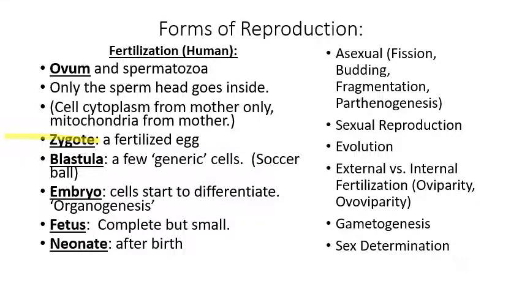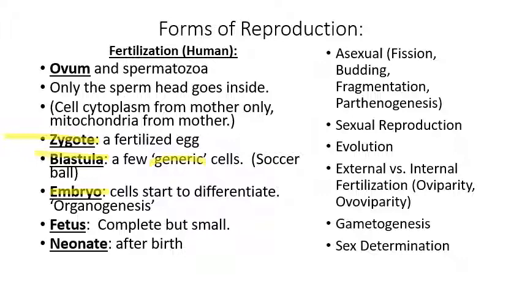The first few times that cell divides, the cells will be identical, and so they're kind of generic cells, you know, a general unspecialized type of cell that looks kind of like a soccer ball, and that is called a blastula. The blastula eventually turns into an embryo, and within an embryo you have a little miniature developing person that has organs, and very, very specialized tissues, very specialized cells.